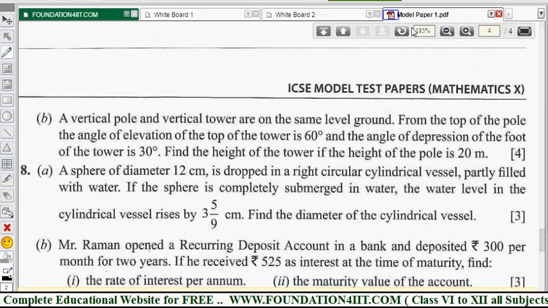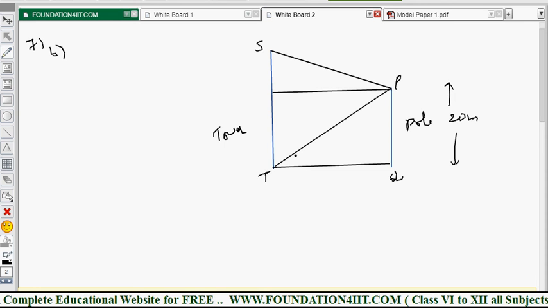And if you observe the angles, from the top of the pole the angle of elevation to the top of the tower is 60 degrees, and the angle of depression of the foot of the tower is 30 degrees. So based on this, this is the 30 degrees and this is the 60 degrees. We know these two lines are equal because they are parallel lines.